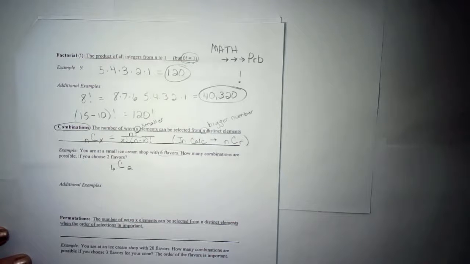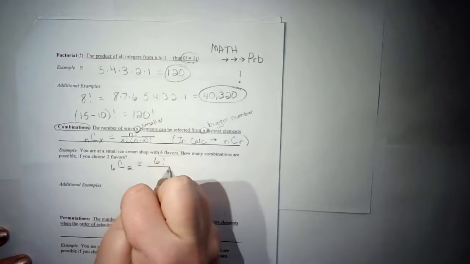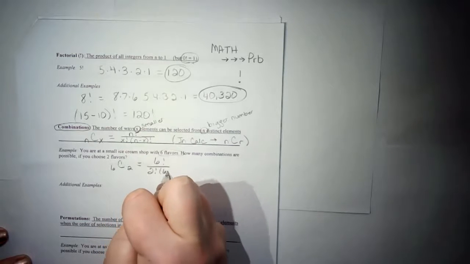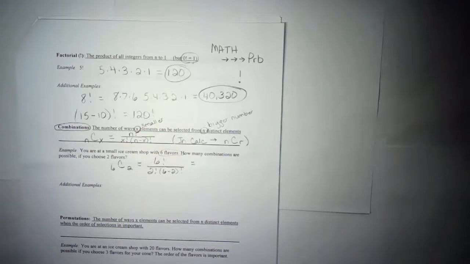Okay, if you wanted to do it old school, you would have 6 factorial on the top, 2 factorial times 6 minus 2 factorial on the bottom, if you were just dying to do it. Otherwise, let's go to our calculator. Okay, so I have the older one, so I'm going to have to put in the bigger number first.